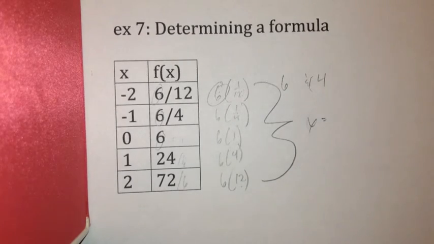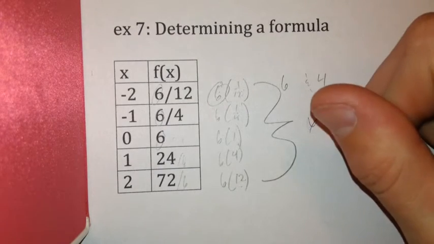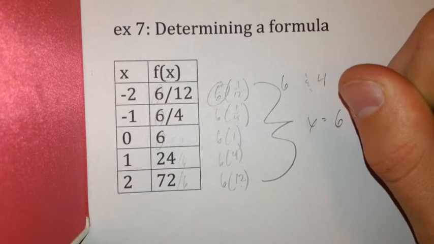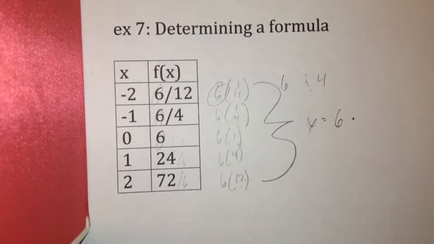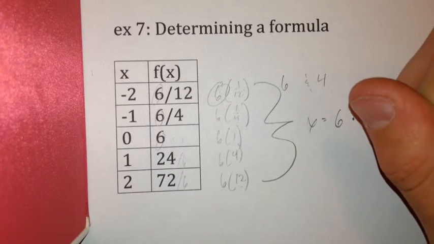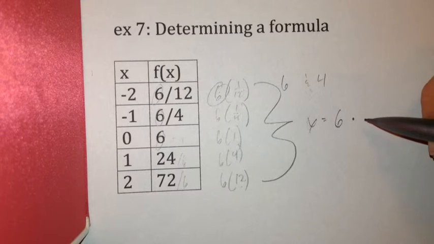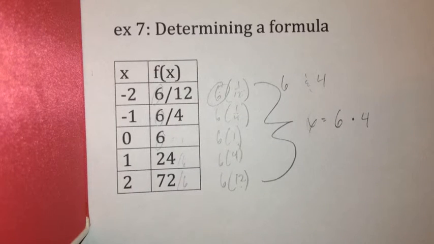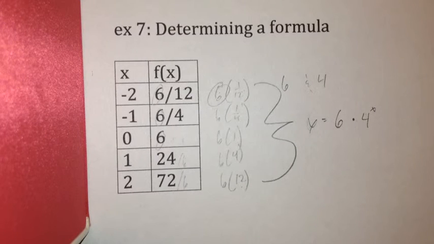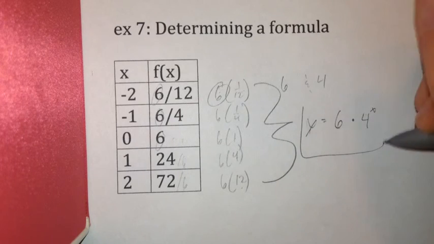So we have y equals 6. Now you have to use your 4. This is just multiplying because you're multiplying everything. And then it's 6 times 4 to the x. And that is your formula. Right there.